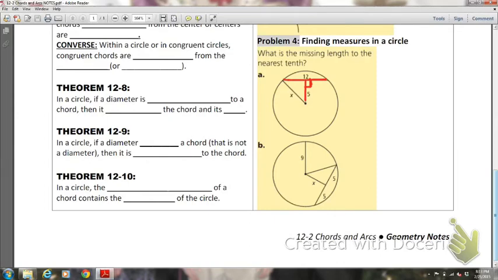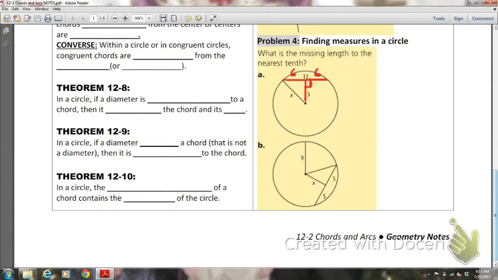So according to our theorems, that tells us that if a diameter is perpendicular to a chord, then it bisects the chord. So that means that the 12 is bisected into 2 lengths that are 6.